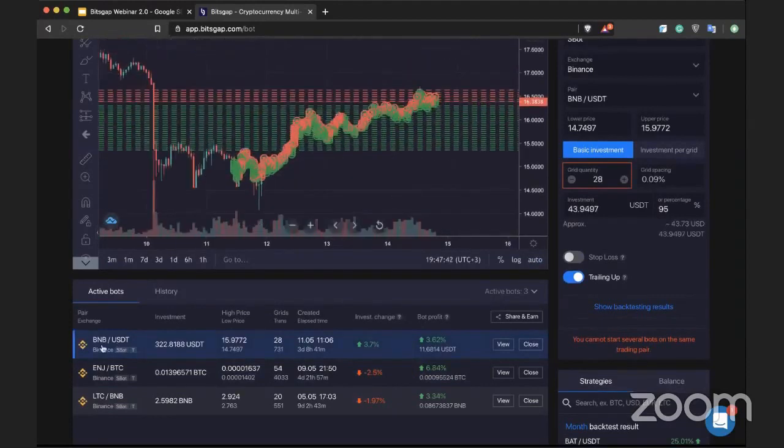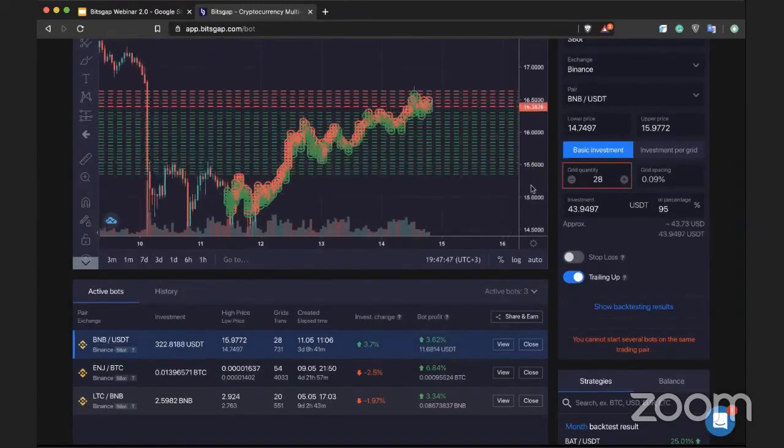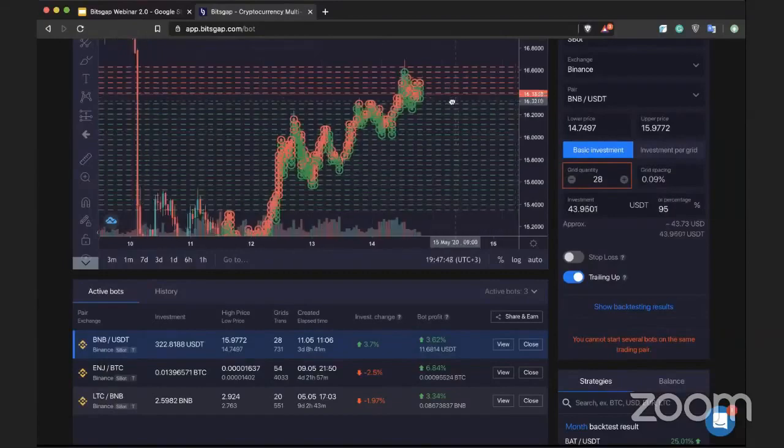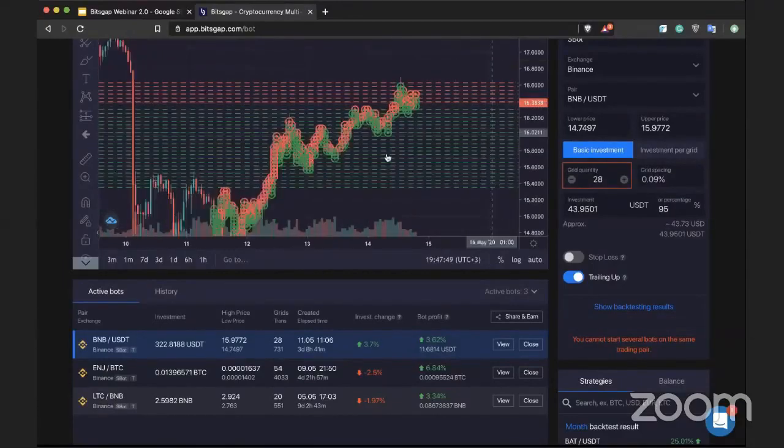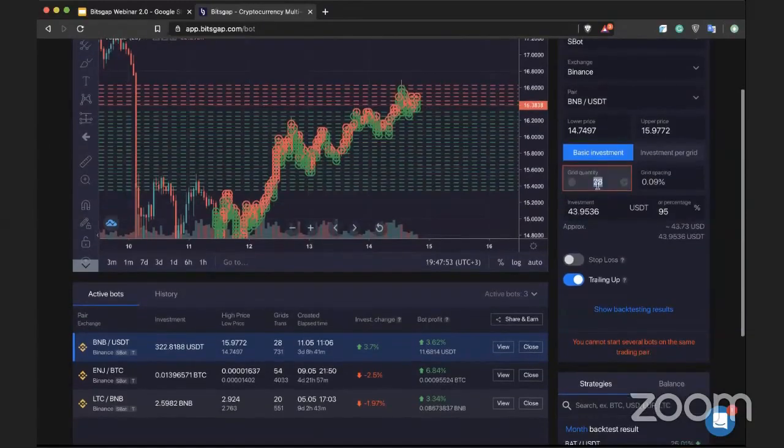In case of BNB, my setup is not optimal to participate in the price appreciation. So I should close it and reopen with a new one.